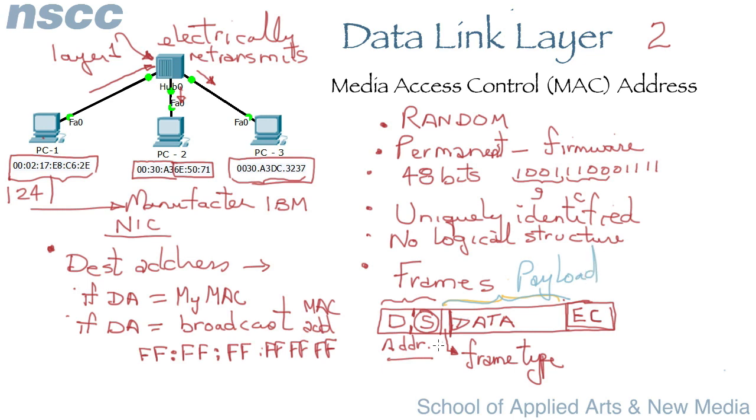Now we'll also look at the frame type and see if, because of the frame type, it has some special processing to do at this level. But all network cards work this way, and therefore when information gets sent to any PC in any network, it must be in some type of frame format.